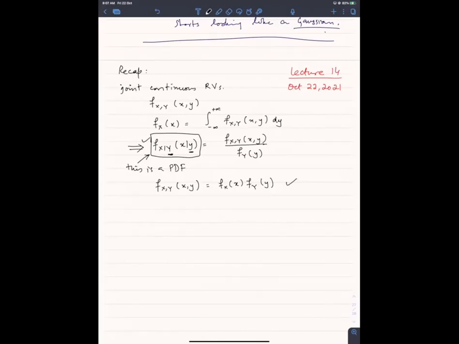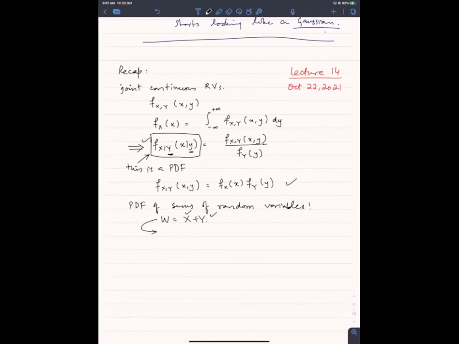And then we talked about the PDF of sums of random variables. And how do you find the PDF of sums of random variables? So let's say you have a random variable W, which is X plus Y. I know the PDF of X, I know the PDF of Y. I am interested in finding the PDF of W. Why?